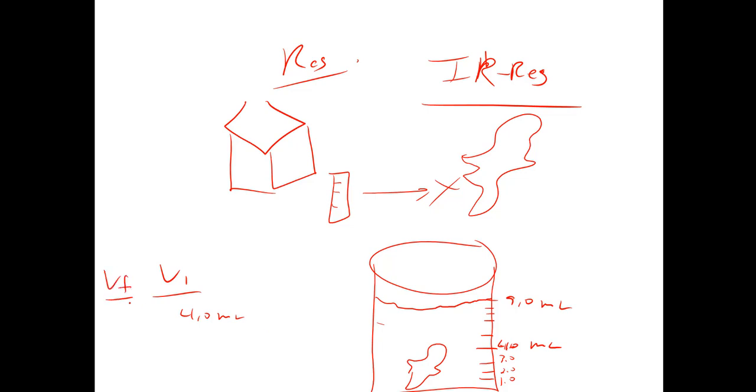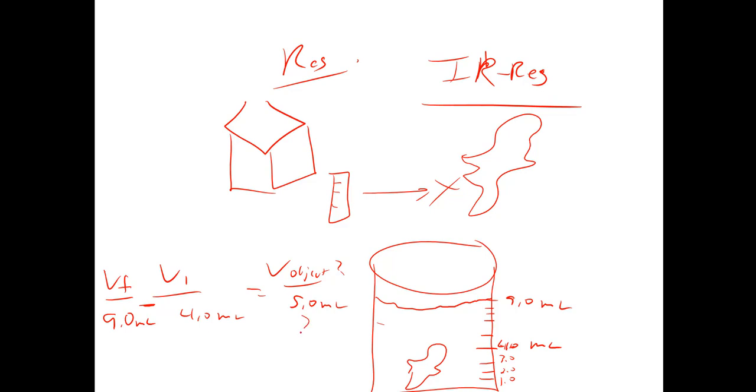The volume final, that's after you put the object in the volumetric glassware and the volume rose, was 9 mils. So what is the volume of the object? Well, just do final minus initial, and that gives you the volume of the object, 5.0 mils.